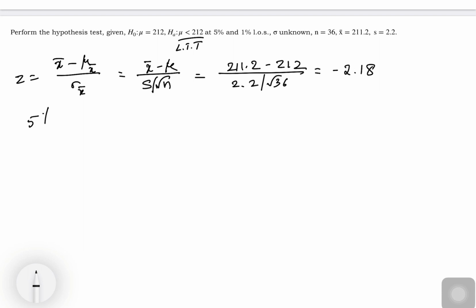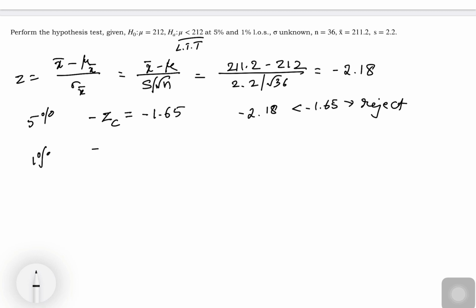At 5% level of significance, this is a left tail test, so we need to know what is minus ZC. At 5% level of significance, minus ZC is minus 1.65 and minus 2.18 is less than minus 1.65. So here we are going to reject the hypothesis at 5% level of significance.